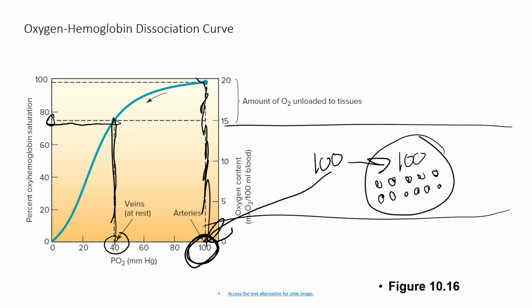Right? They increase their affinity for oxygen. And the hemoglobin proteins within the red blood cell conformationally shift, and they will all begin to bind close to 100%. They'll all become close to 100% saturated with oxygen, is what I'm trying to say.